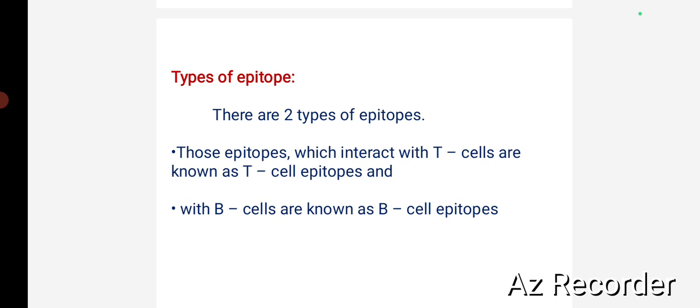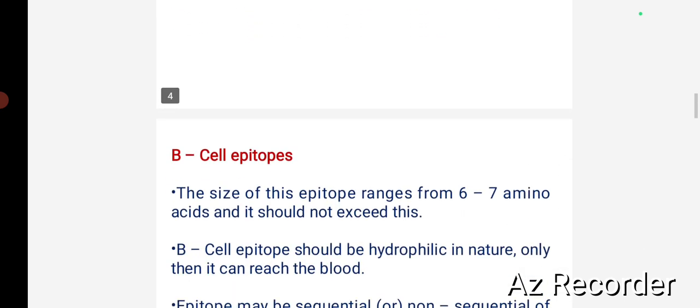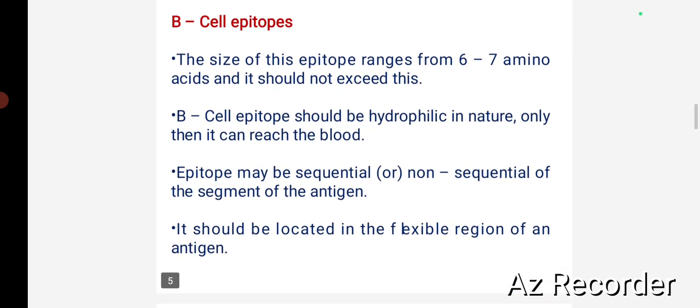And another one is B cell epitopes. Next, moving on to B cell epitopes. The size of this epitope ranges from 6 to 7 amino acids and it should not exceed this. Generally, B cell epitopes have 6 to 7 amino acids alone.